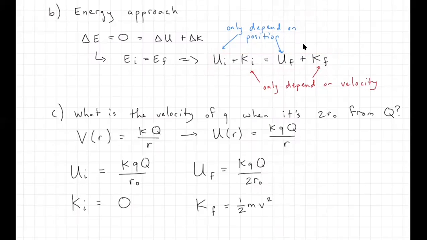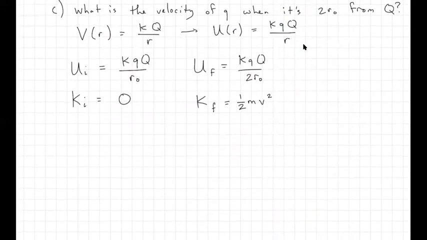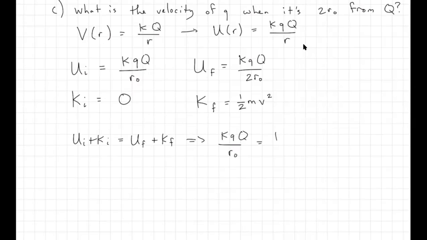So let me scroll down a little bit. Then I know that Ui plus Ki equals Uf plus Kf. And that says that kqQ over r0 is equal to kqQ over 2r0 plus 1/2 mv squared.